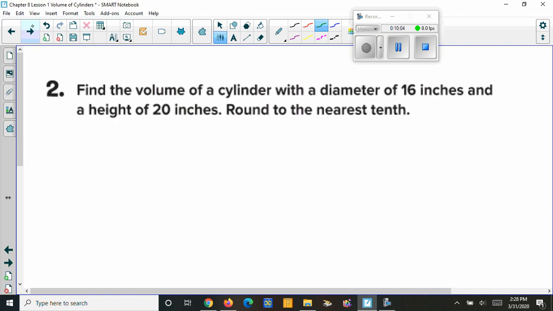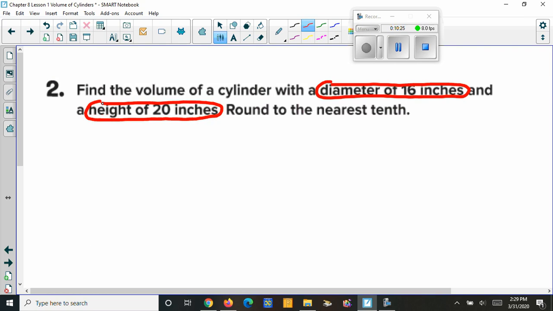Our second example. This time we don't have any sort of picture, so let's see what's happening. It says the volume of a cylinder with a diameter of 16 inches and a height of 20 inches. Round to the nearest tenth. What we need to be careful of is when we talk about diameter.